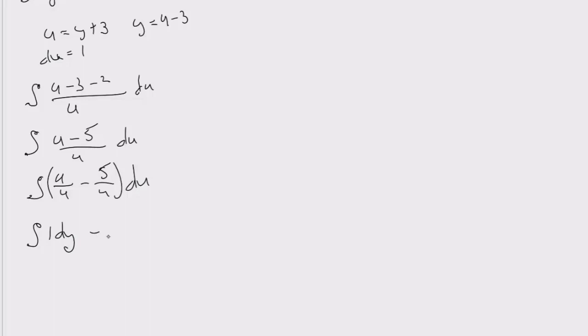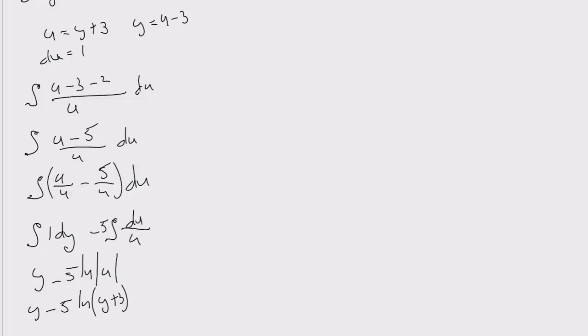And then this one is going to be the integral, and we'll put a 5 on the outside, of du over u. And so that'll give me y minus 5 ln of u, and then I can substitute back in that expression in terms of y. So that's ln of y plus 3.